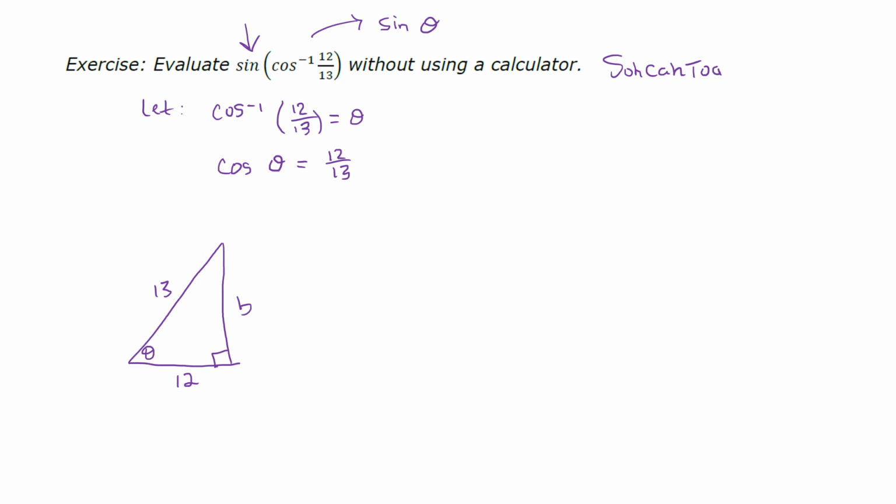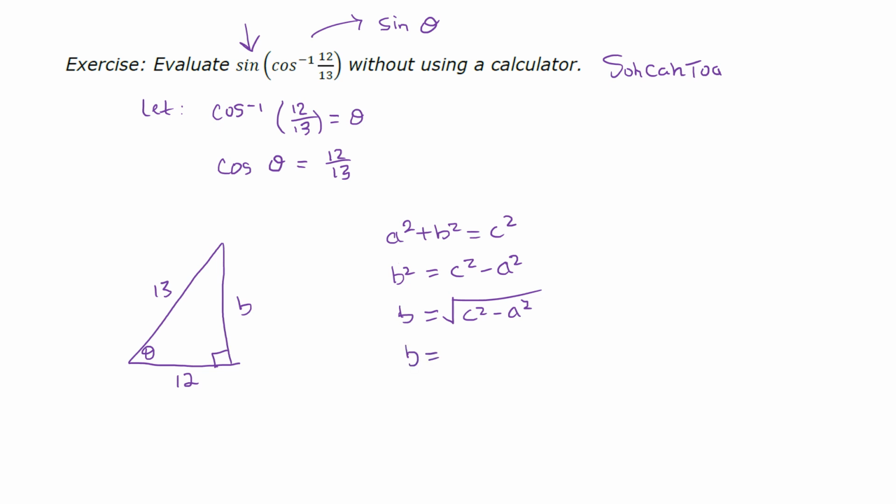So let's take our Pythagorean theorem. a squared plus b squared equals c squared. I want to find b, so I'll have b squared equals c squared minus a squared. So b will equal the square root of c squared minus a squared.